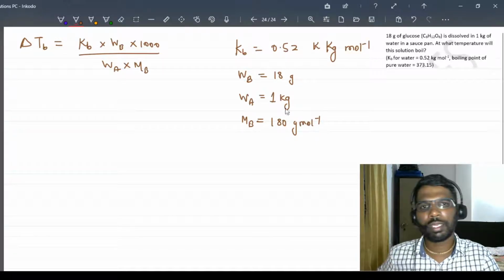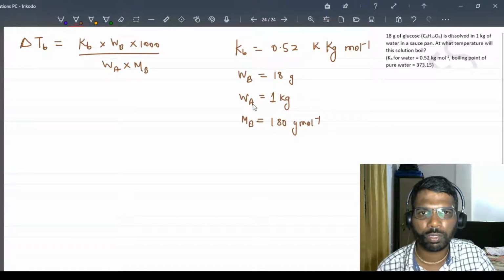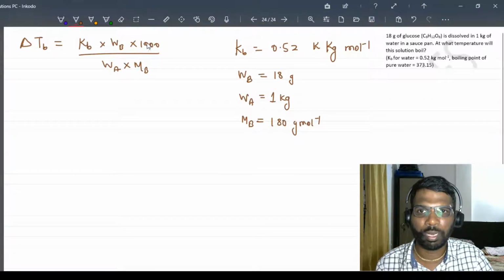Now you must be thinking, this is in grams and this is grams per mole. Do we need to convert this weight of the solvent from kg to grams? It's very simple. If you are writing this in grams, then you need to multiply by 1000. Remember this.